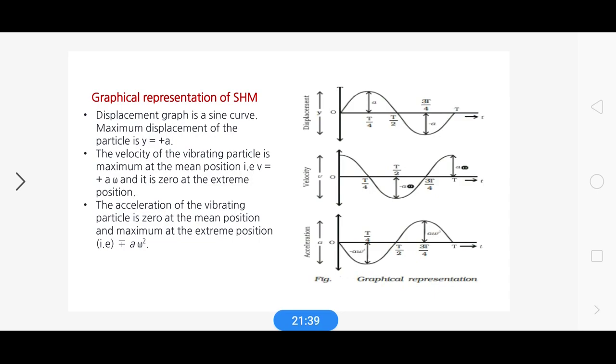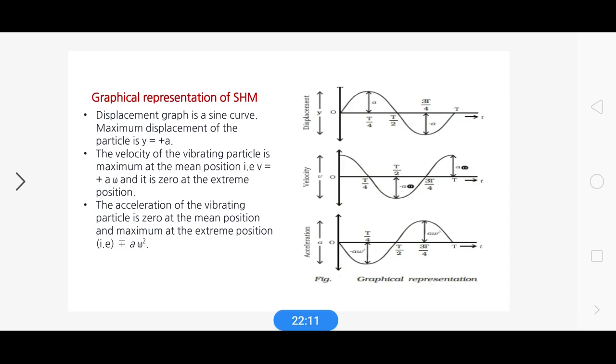So from 0 to T, it is one complete cycle. So it is 0, A, 0, minus A, 0. So these are the values of the displacement at 0, T by 4, T by 2, 3T by 4 and T. Whereas the velocity of the vibrating particle is maximum at the mean position and minimum at the extreme position.